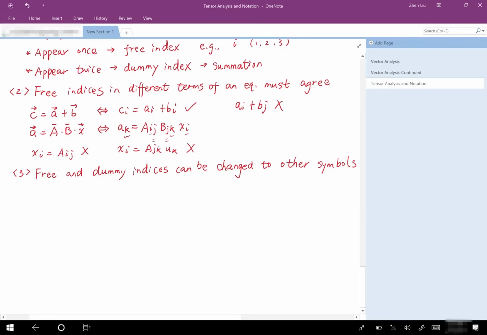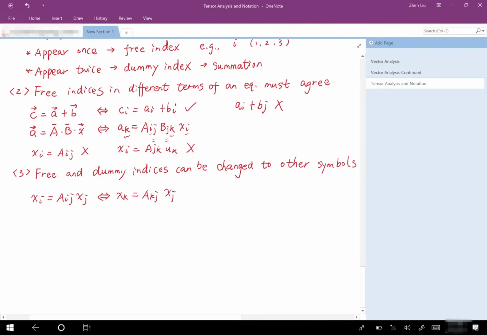So for example, the following thing, xi equals aij xj. We can replace, for example, the free index. What's the free index in this equation? i or j? Which one is free? i, right? So let's say we want to replace the free index i with another k. xk equals akj xj.